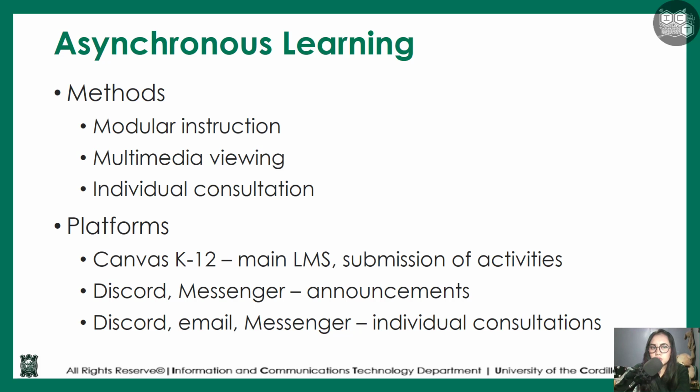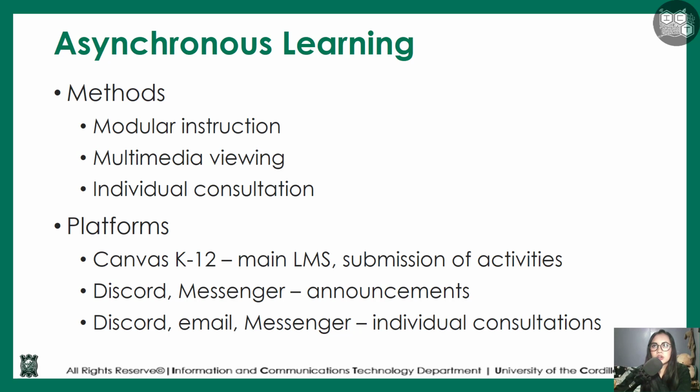So how are we going to do our synchronous learning session? We have our different platforms. So the first one is the Canvas K-12, which is our main LMS. So all of your materials will be placed there and your activities would then be submitted there. For Discord and Messenger, I would be using those mostly for announcements.